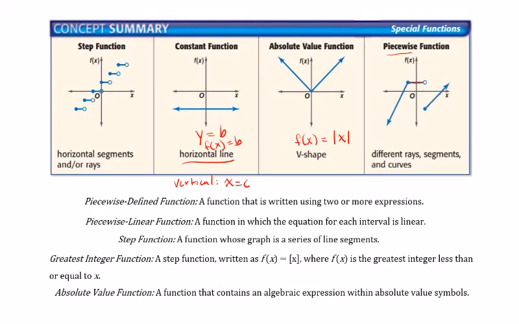But anyway, they're different lines with different slopes. And so you can kind of put them all together. Okay, so what I was going to say earlier about absolute value function is it can also be written as a piecewise function where one part of it is this upward sloping line and the other part of it is this downward sloping line.